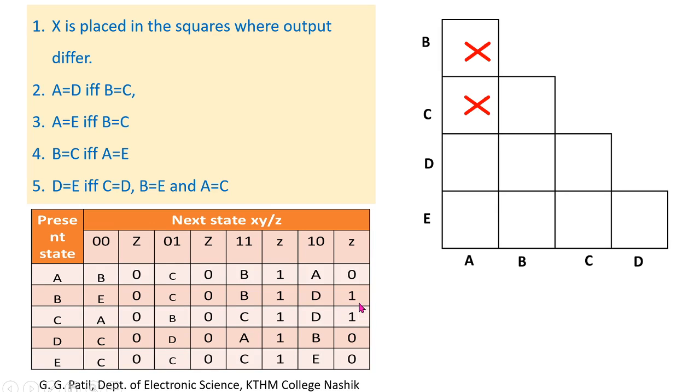These are different, 1 and 0. So you have to place a cross mark in the BD pair. Then BE: check outputs 0 0, 0 0, 1 1, 1 0. Output is different, so place the cross mark. Okay.